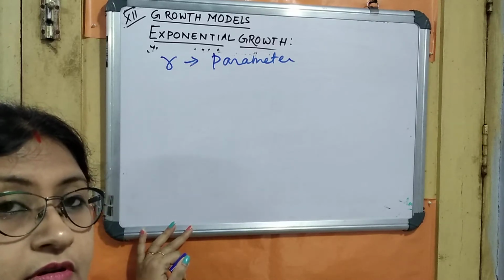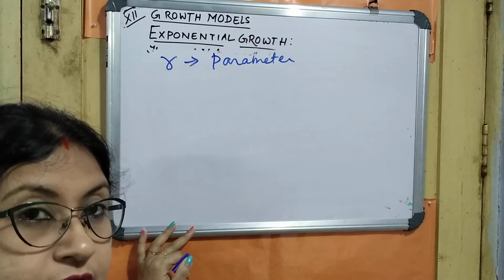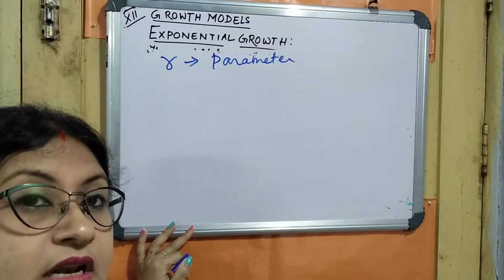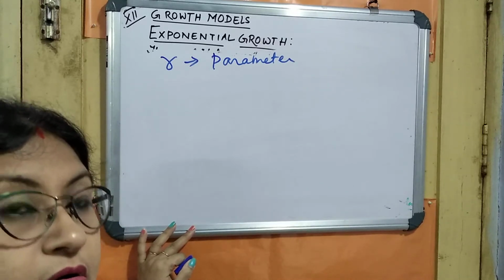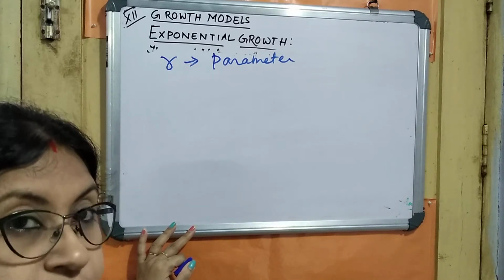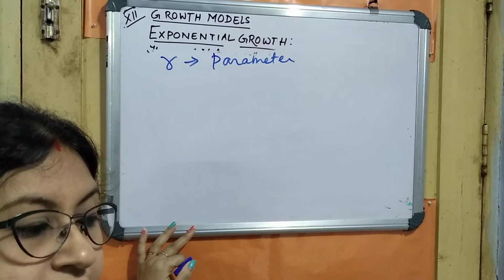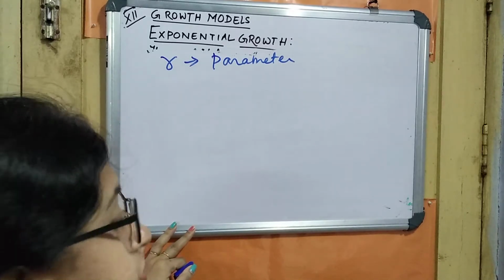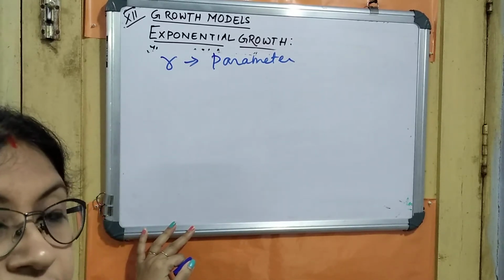Maybe d can become more than the birth rate. So there we will see a decline in the population, right? So this parameter helps us to assess the impact of the biotic and abiotic factors on the population growth, right? So what is the significance of this r?